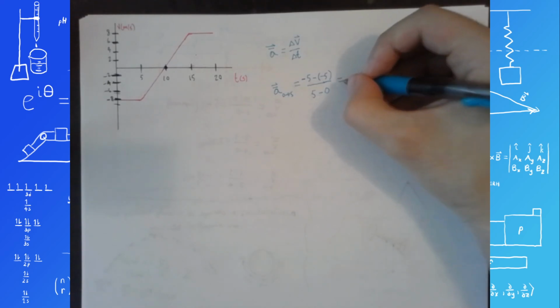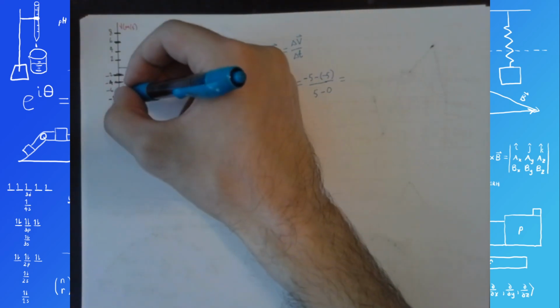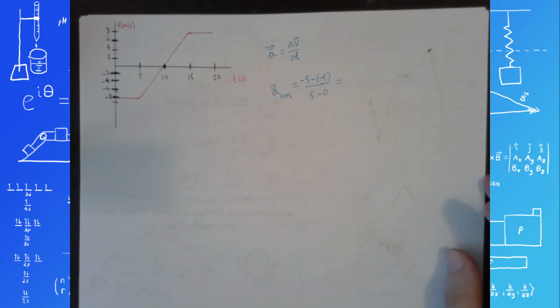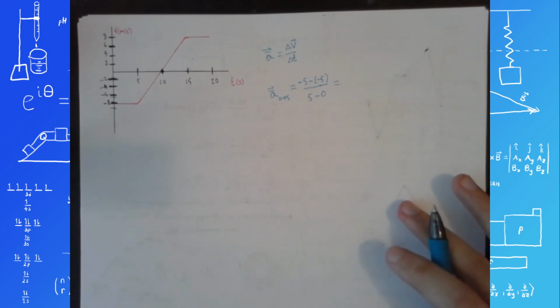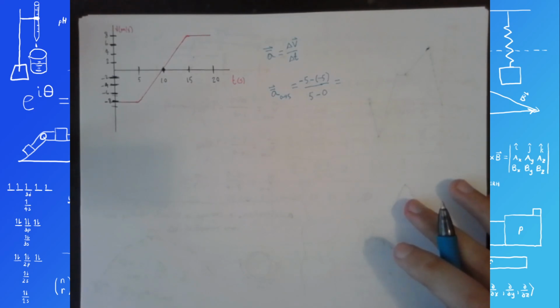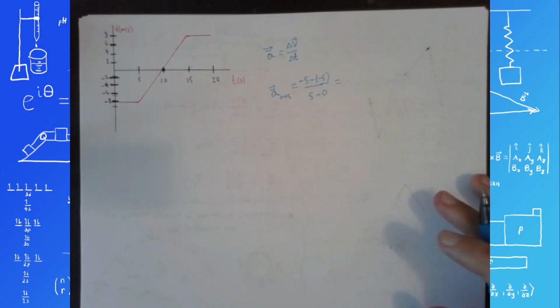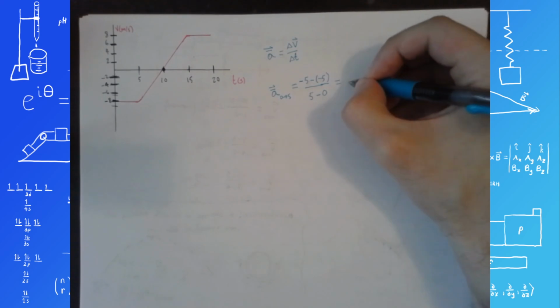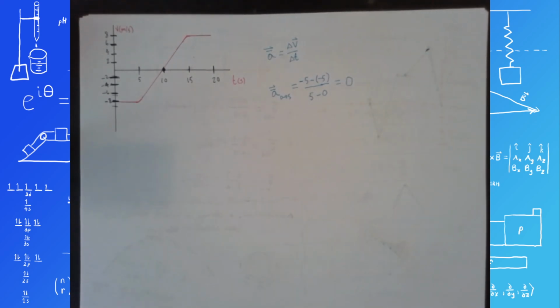Not surprising, it's just the slope of this horizontal line, and as you should remember from algebra and pre-calculus, the slope of a horizontal line is always 0. Okay, and then they said from 5 to 15 seconds, and then from 0 to 20.